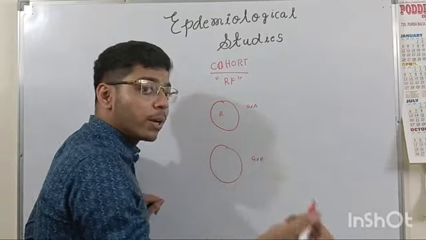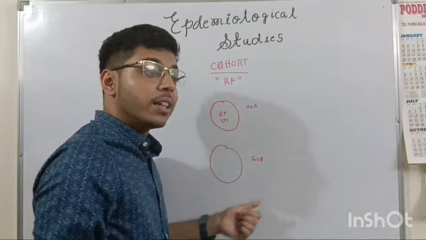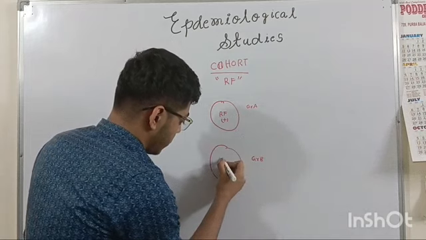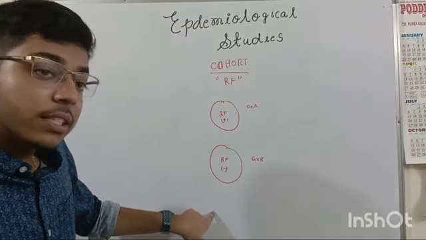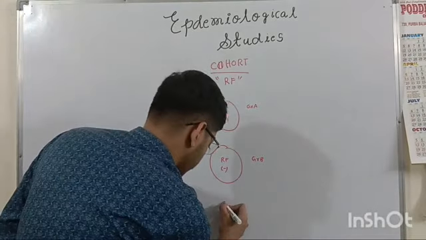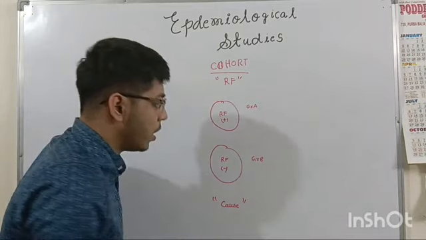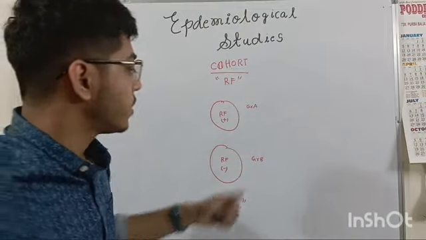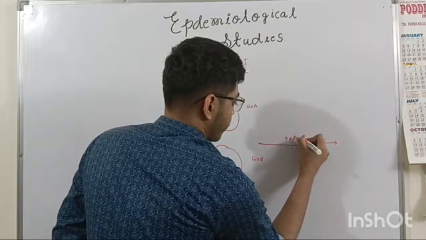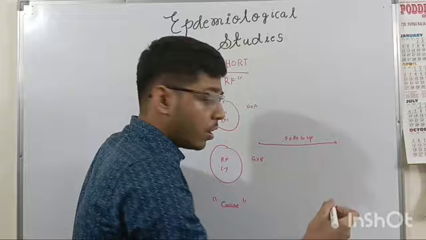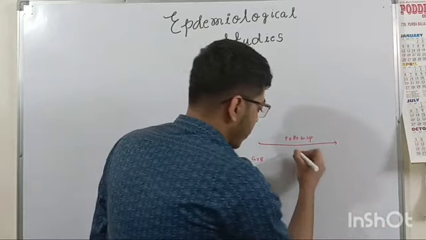So in group A, we will consider the fact that risk factors are present, and in group B, the risk factors are absent. And then, this becomes the cause. So now we have two options. First, to follow them up for around 10 to 30 years or 20 years, any amount of time.